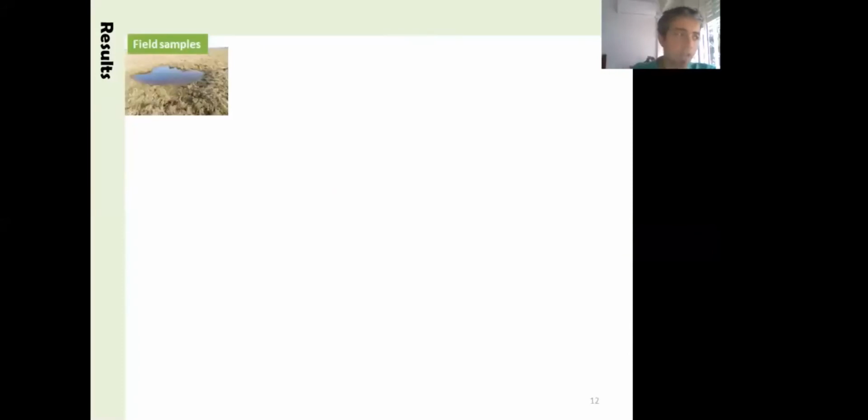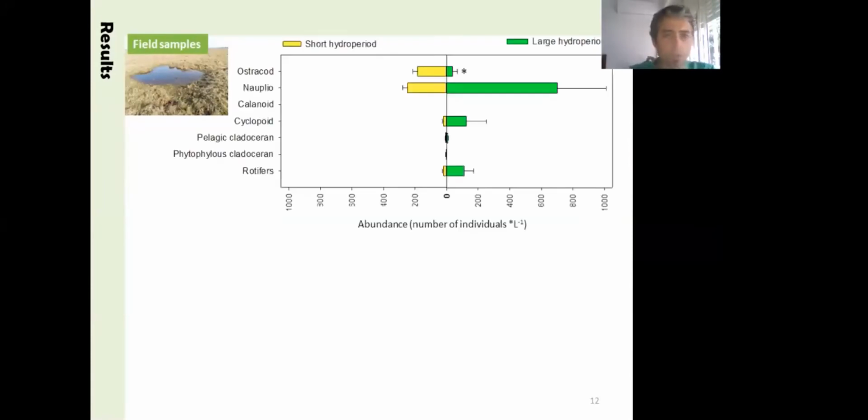Okay. When we analyze the variation of the groups of zooplankton, we can see that for the field samples, we found differences only for ostracods, being higher in the short hydroperiod ponds.